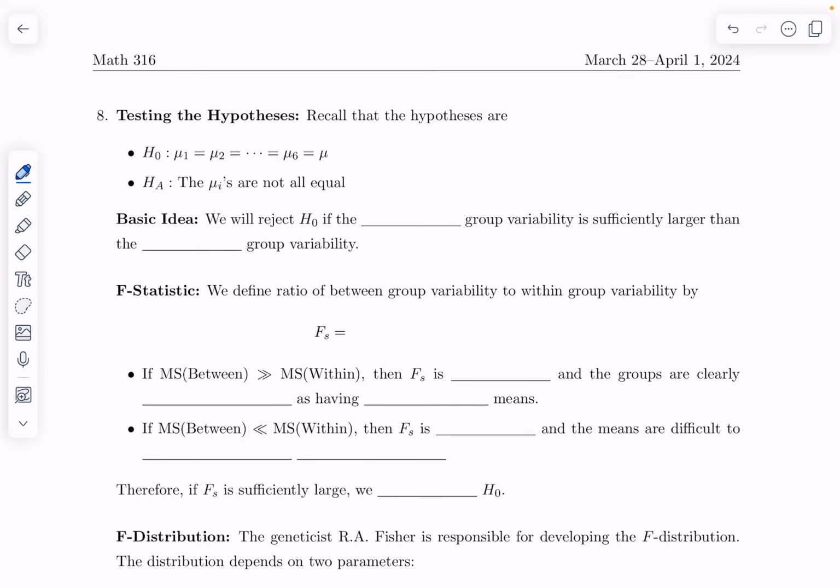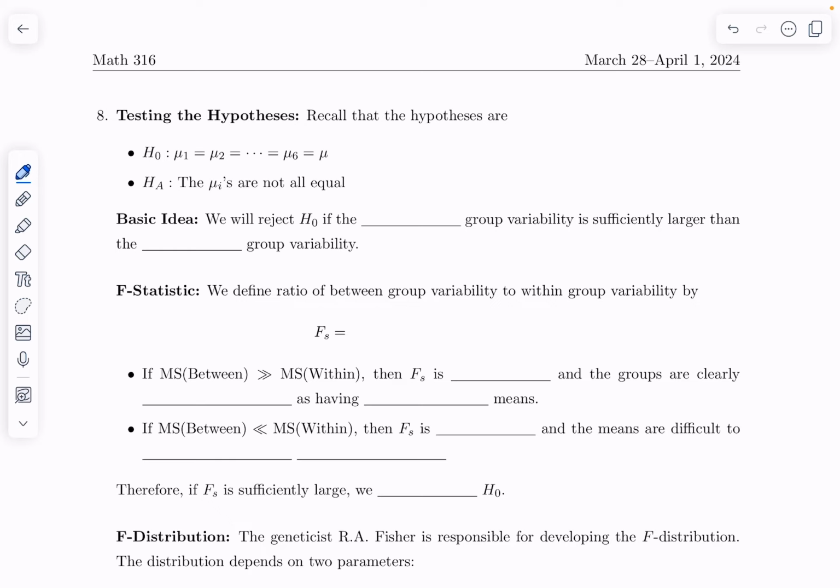So we're going to recall that the hypothesis for our test is that all the means are equal. Okay, that's the null hypothesis, that all the group means are equal. And remember, these are the population means, not the sample means. Okay, and then our alternative hypothesis is that at least one mean is different from all of the others.